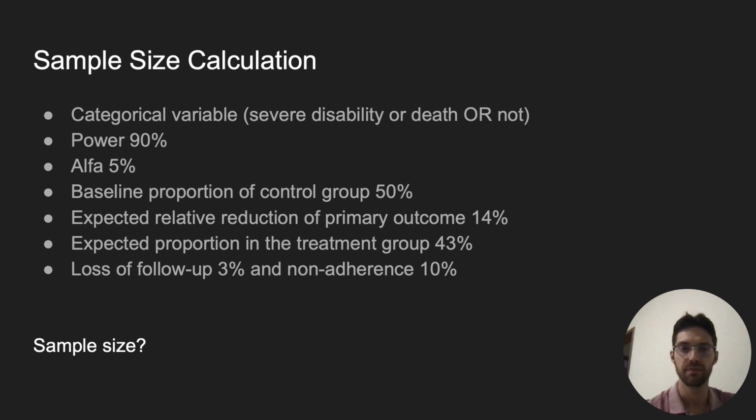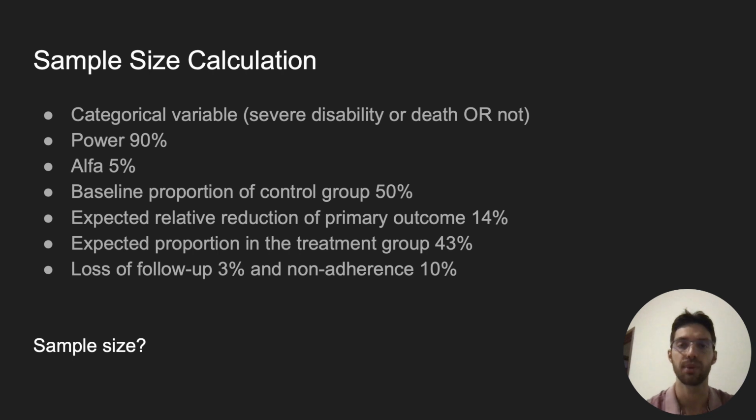Also, in the same fashion, they got the information that we need on a change, a relative expected reduction of 14% of the primary outcome. That makes us understand that the expected proportion for the treatment group is half of that variation, right? If one goes down 7%, it means there is a total relative 14% variation. Also, they considered loss of follow-up of 3% and non-adherence of 10%.